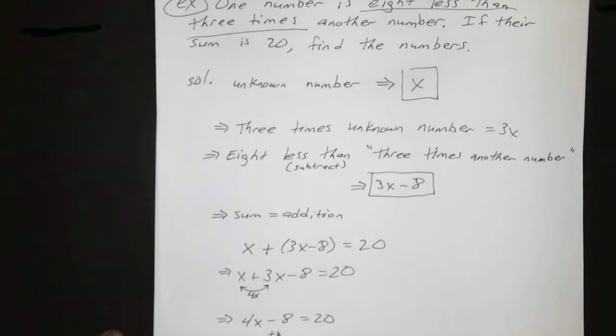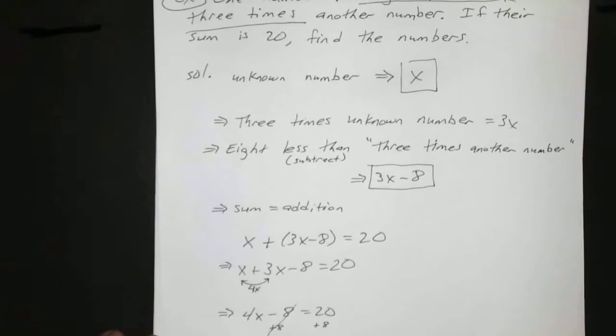Add 8 to both sides. Those two cancel out. So you have 4x equals 28. Divide both sides by 4. You have x equals 7.